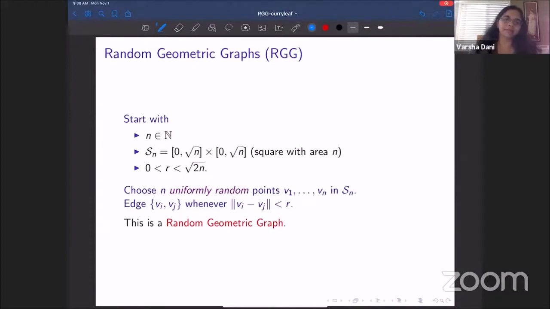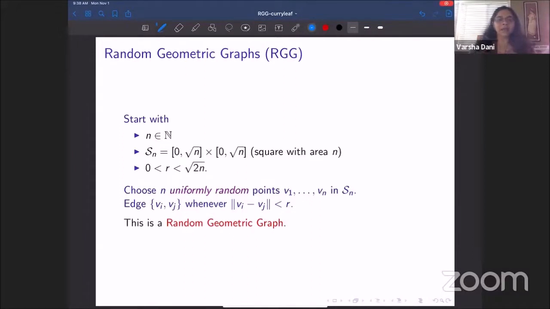For simplicity, let's say the convex set we're interested in is a square. For technical reasons, because I want something called the density to be 1, I'll make it a root n by root n square, so it has area n. What do I mean by the density is 1? You'll see in just a minute. And I'm going to pick R to be between 0 and square root of 2n.